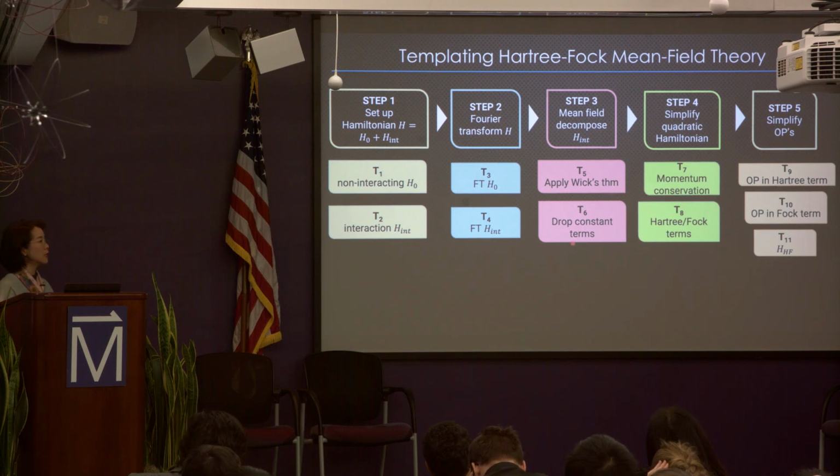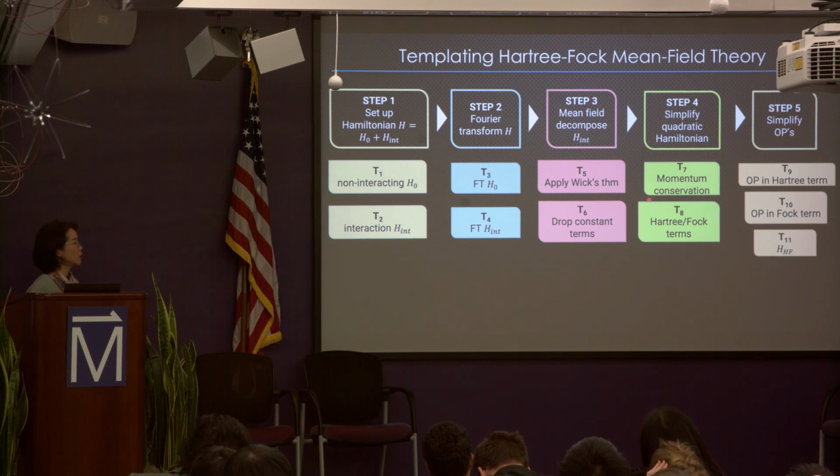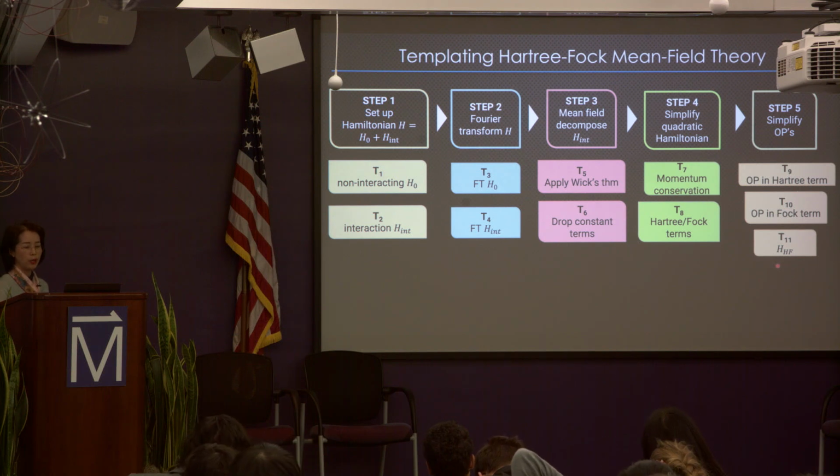And maybe there are some constant terms that you have to drop. And you have to make sure you're satisfying momentum conservation. You separate the Hartree term and the Fock term. And you recognize what is the order parameter in the Hartree term, what is the order parameter in the Fock term. You express them with your expectation values. And then you will arrive at a Hartree-Fock mean field Hamiltonian. So the question we asked was, can a large language model do this?